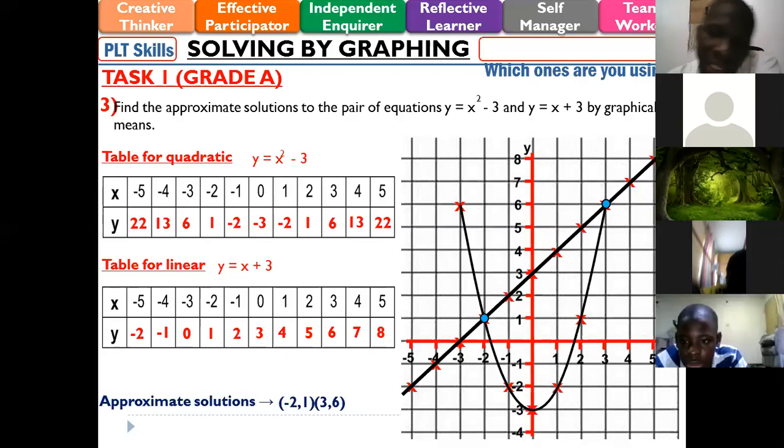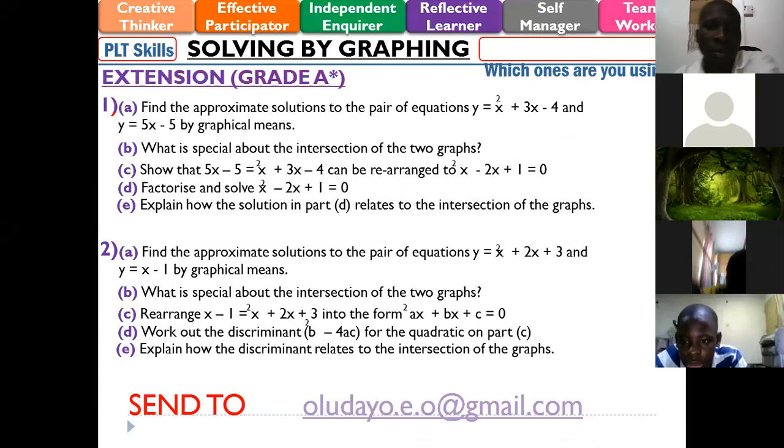Miriam, you can get a graph sheet in your area, wherever. You can get a graph sheet, okay? Now, use this as your assignment.